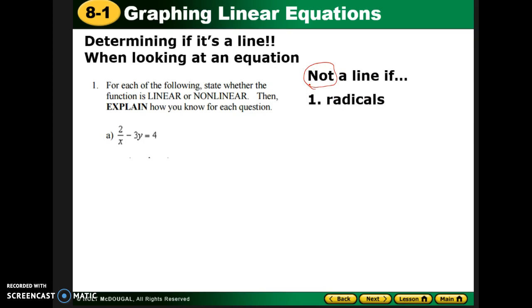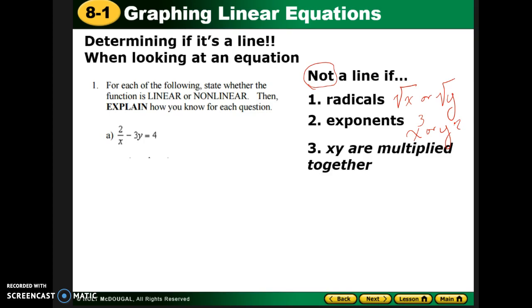The first one is if there's a radical. That means if the x or y is radicalized. If you have that anywhere, it is not a line. Next one, if there are exponents, meaning x or y is raised to an exponent, like x cubed or y to the second power, not a linear equation. Third, if x and y are multiplied together.